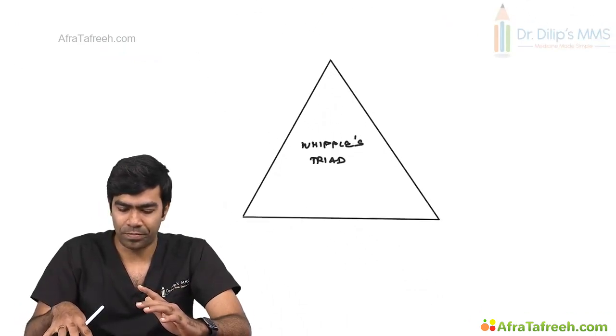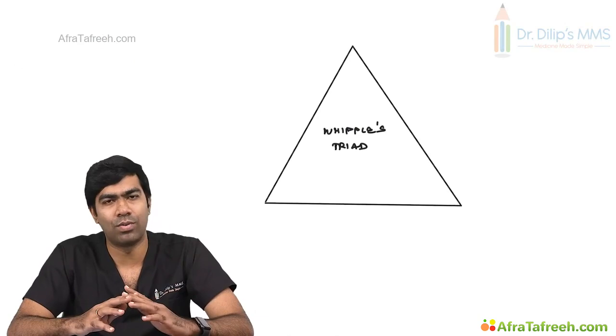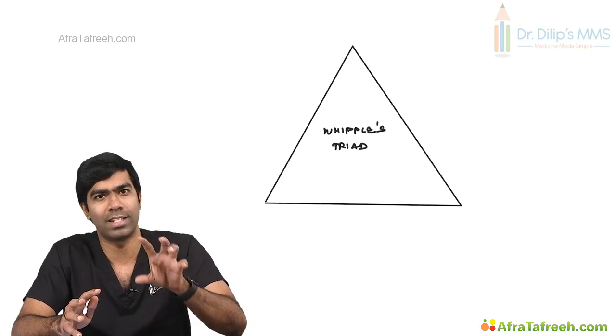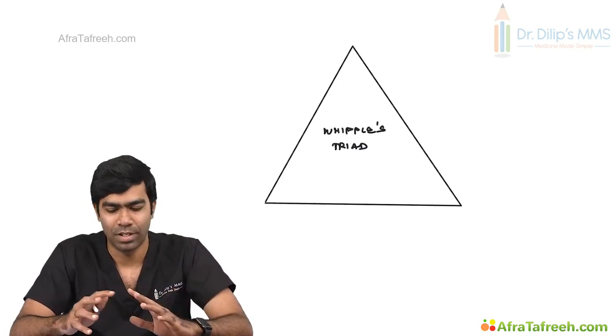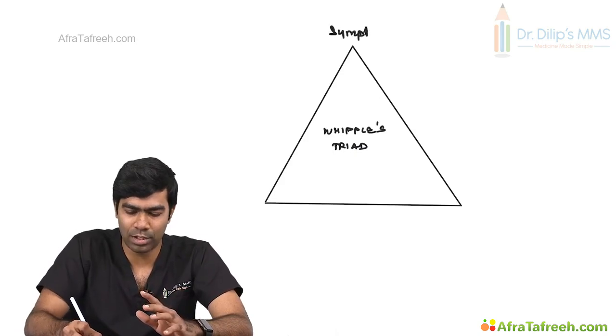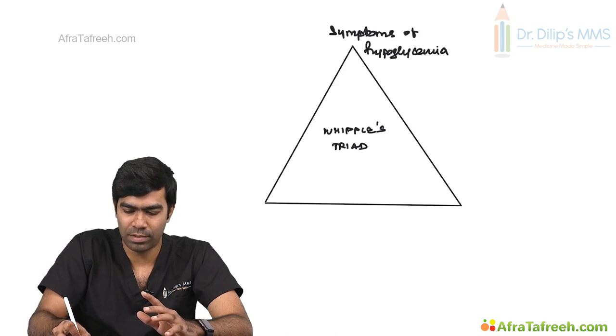And after knowing the timeline, the final thing we have to know is the Whipple's triad, because this is the gold standard triad for confirming the existence of hypoglycemia in the patient. So first of all, Whipple's triad tells that the patients will have symptoms and signs of hypoglycemia, which we have been discussing for quite a long time.